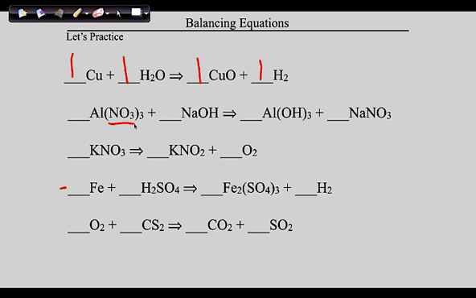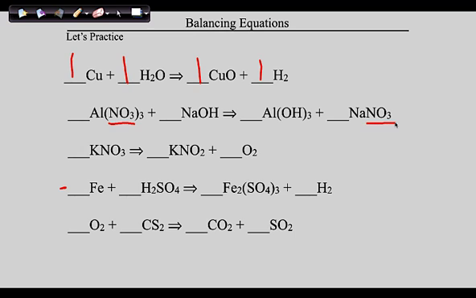You say, okay, this nitrogen is in nitrate. And I could balance the nitrogens and the oxygens, but can I balance the nitrates? And the question then becomes, does it stay intact? So here we've got nitrate, and there we've got nitrate. So guys, that means instead of balancing the nitrogens and the oxygens, we can balance the nitrates because they stay intact. So guys, how many NO3s do we have?